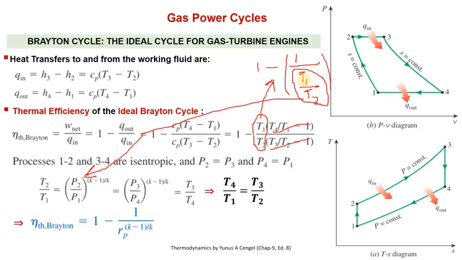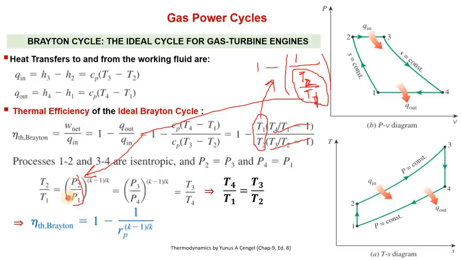I think there is one mistake. Yes, it will be T2 by T1. When you write this term like this, 1 over, it will be T2 by T1. When we take this term in the denominator, its power will be minus 1, which means that will be T2 over T1, not T1 over T2. And T2 over T1 is equal to P2 over P1 to the power (k minus 1) over k.